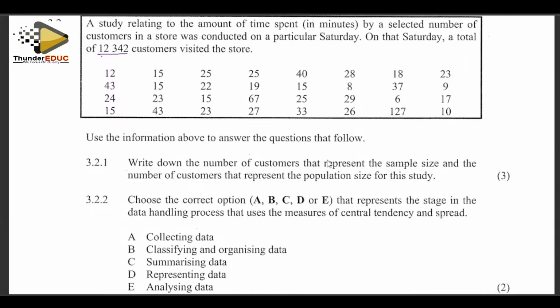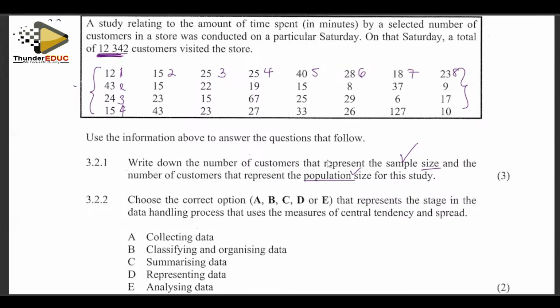Write down the number of customers that represented the sample size and the customers that represented the population size. Now, the sample size are these ones that they collected. But then the population, it's this number here. So for the sample, we calculate, how many were they? We have 1, 2, 3, 4. Still, we have 1, 2, 3, 4, 5, 6, 7, 8.